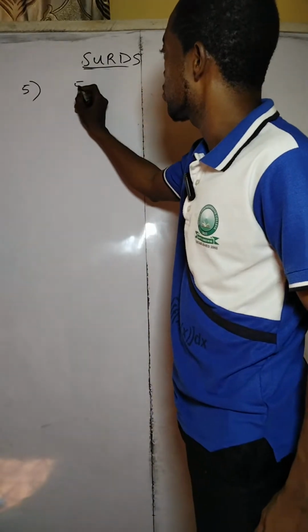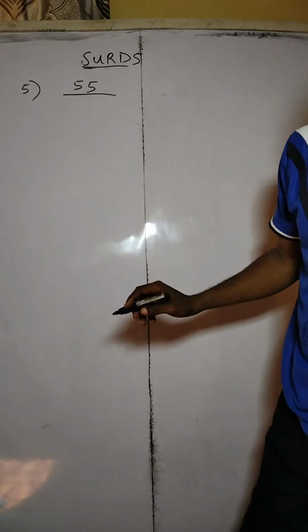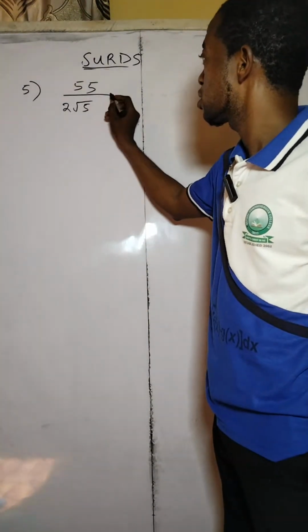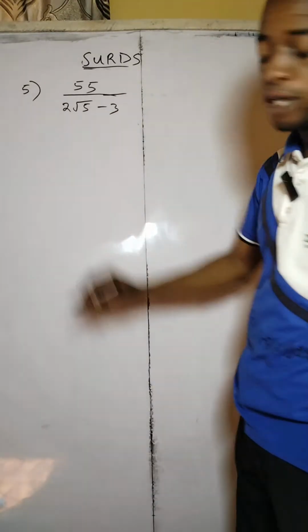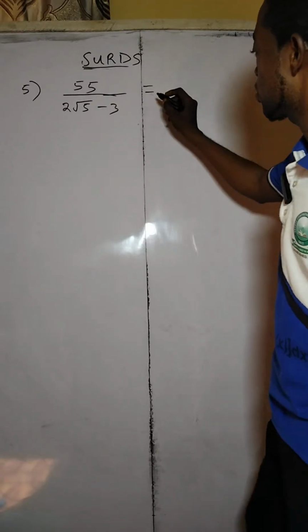Also, we are simplifying 55 divided by 2 root 5 minus 3. Now here also we rationalize this and multiply by the conjugate of the surd.